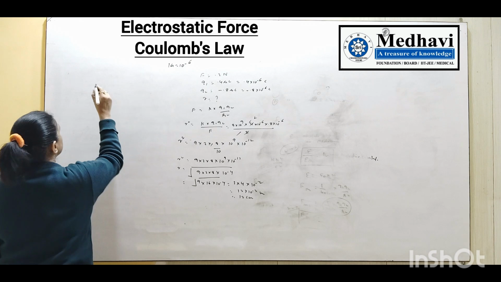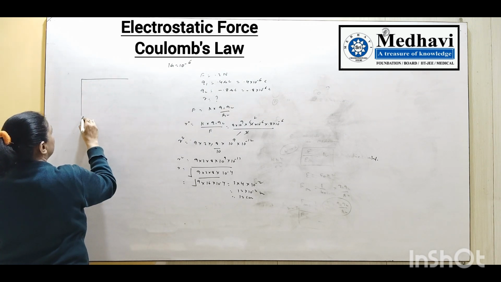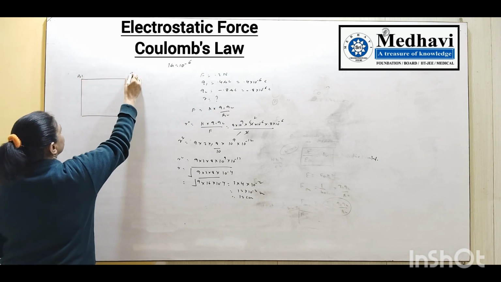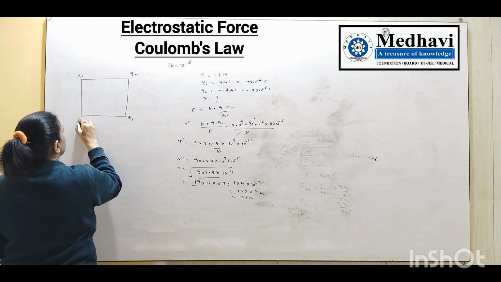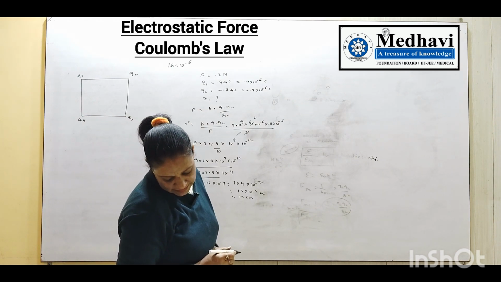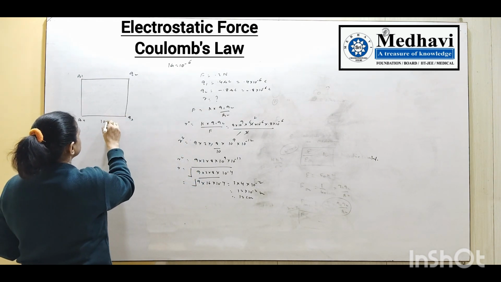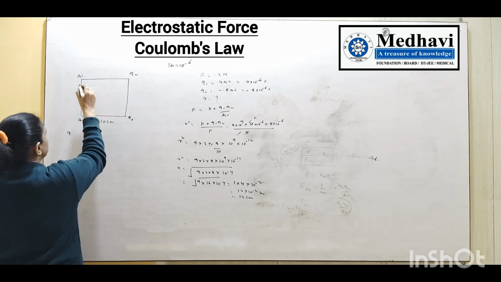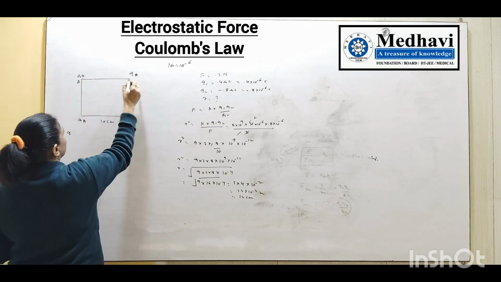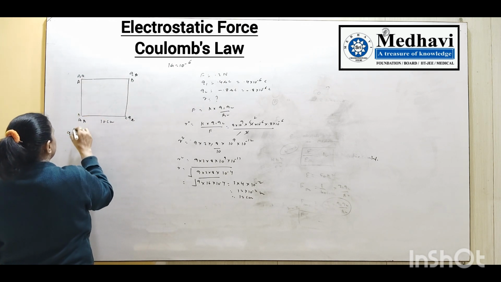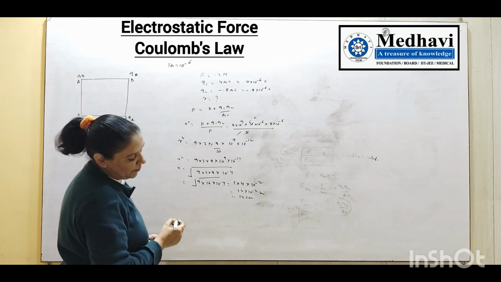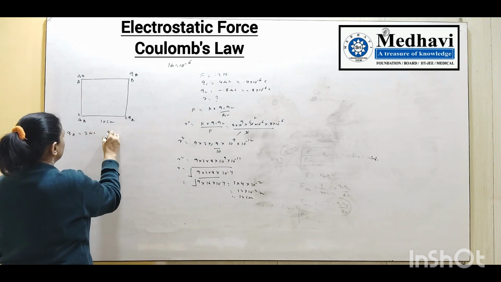The diagram is given in the pattern of a square with charges at A, B, C, D. QA is given as 2 microcoulomb.